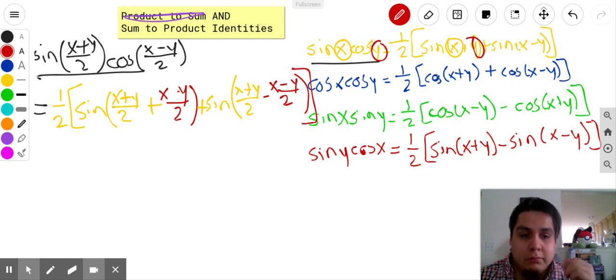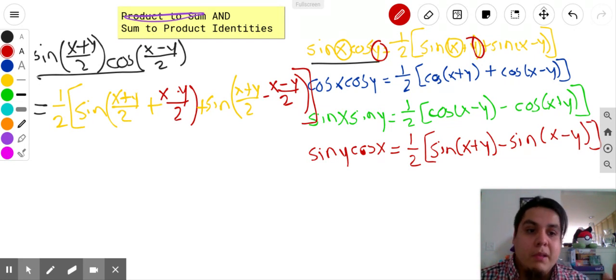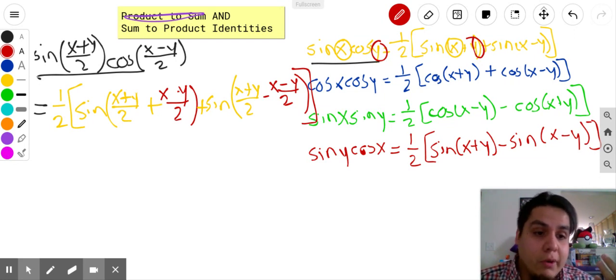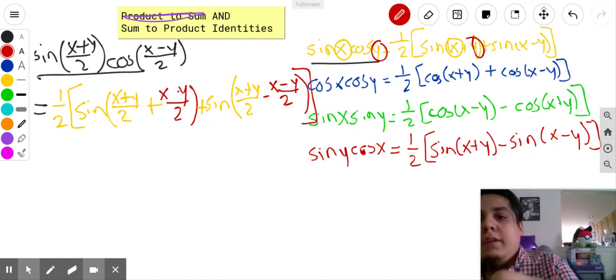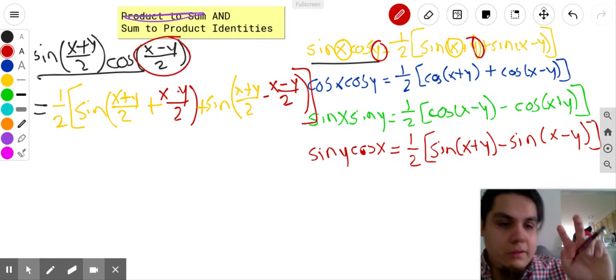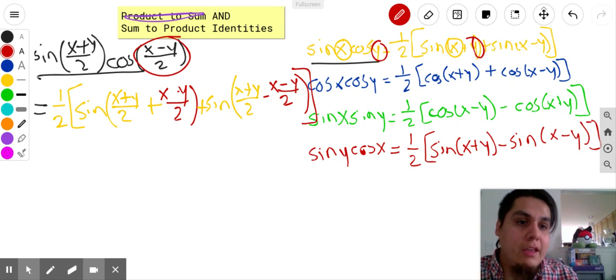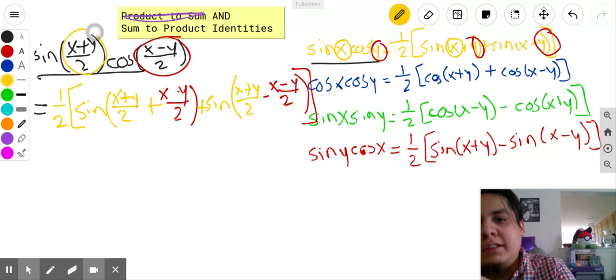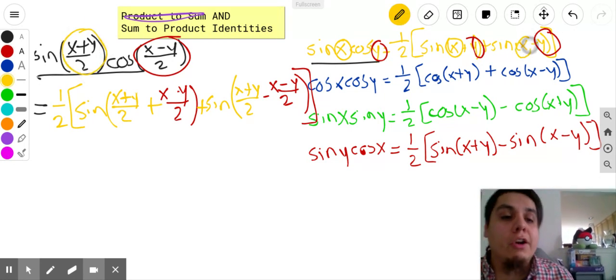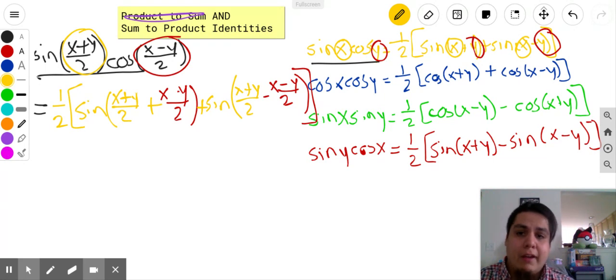Okay, now bear with me because last video I had to cut short because I was going to do it all, but I got confused. So if we understand the color coding that I'm doing, where this represents that y spot in the identity, and this represents the x spot in the identities, all I have to do is simplify what I have.